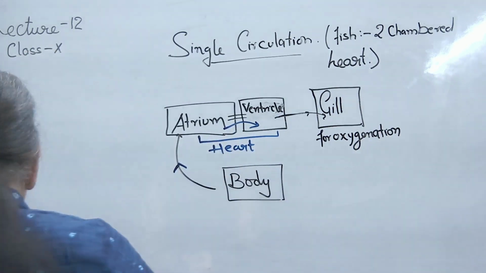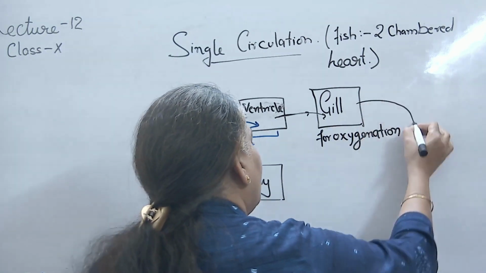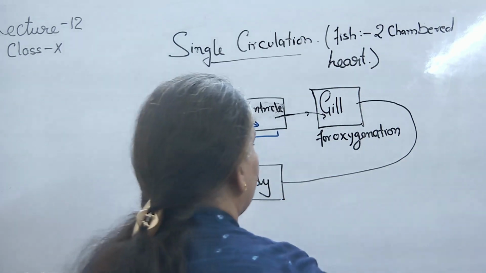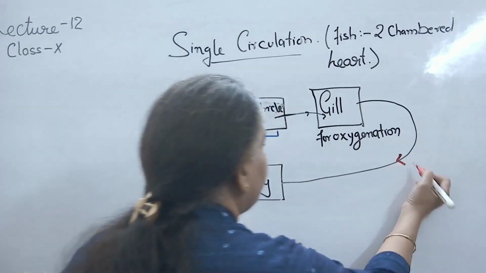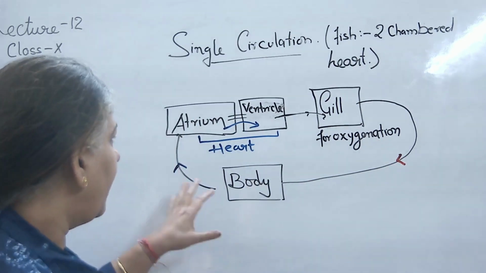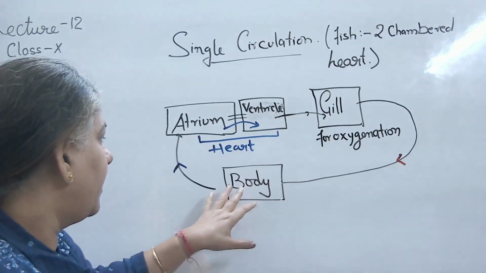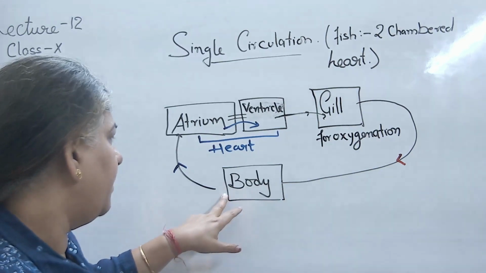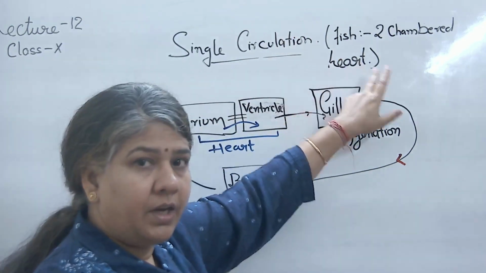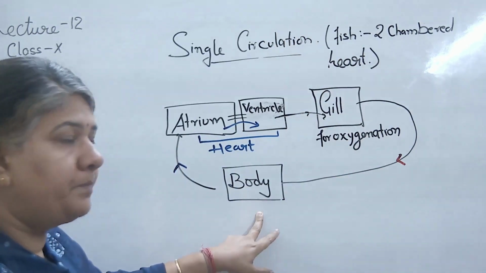Now, this oxygenated blood will flow to the whole body. So this kind of circulation that it is carrying out is just a systemic circulation. That is, blood is moving from the body parts into the heart, then gets oxygenated, and then again returns back to the body.